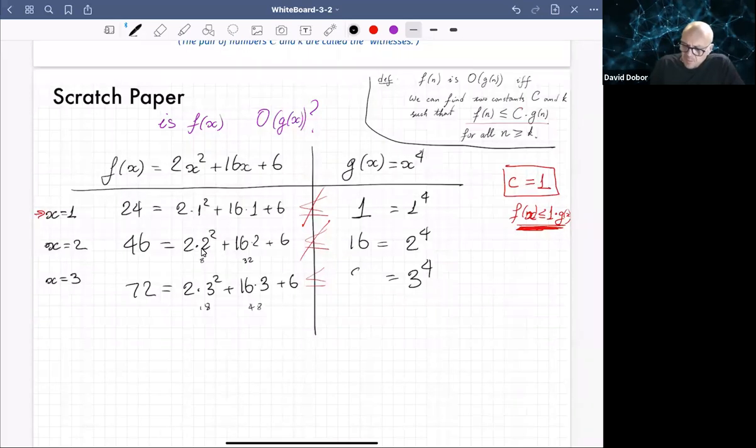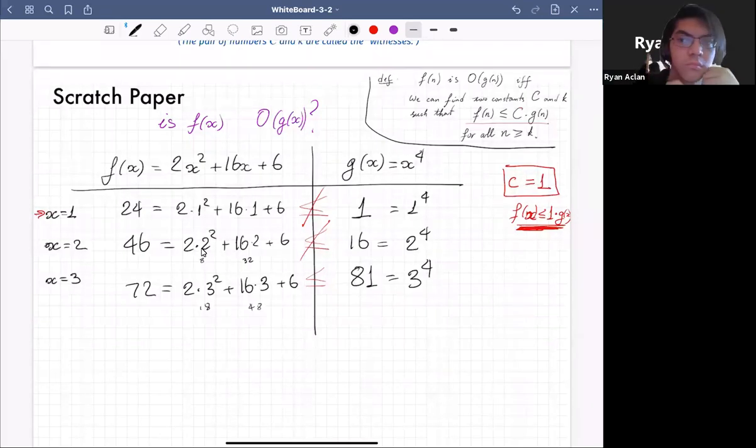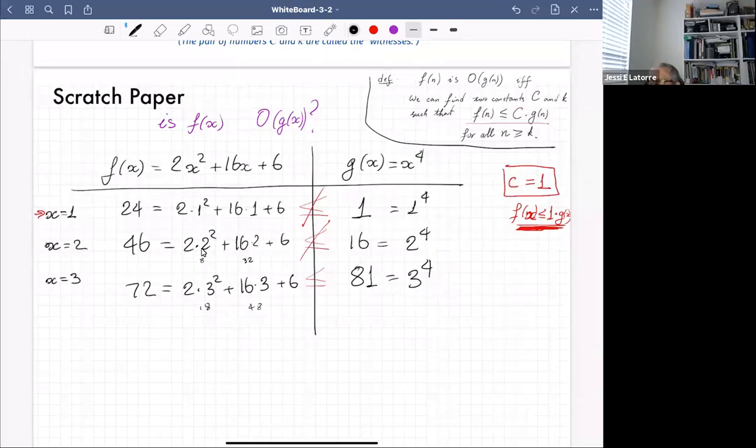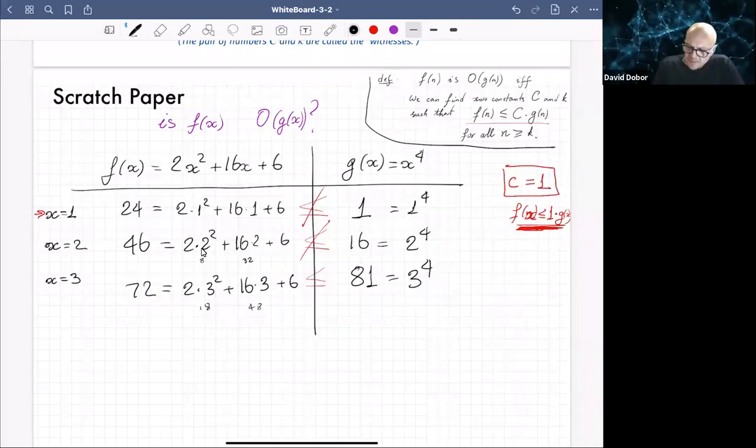What is 3 to the 4th? I think it's 81. So at this point, I've hit the inequality. Do people see this? The inequality becomes true all of a sudden. And in fact, what's important: here's my K, here's my cutoff point.